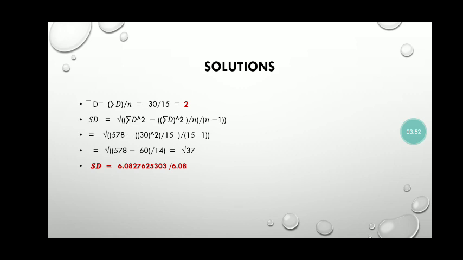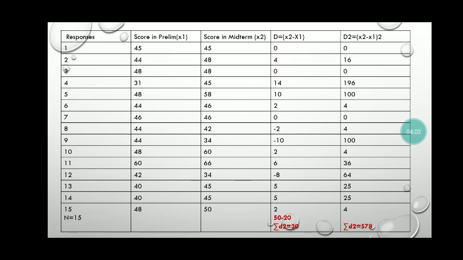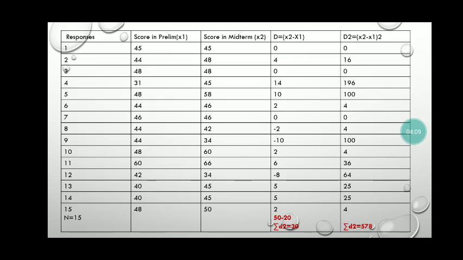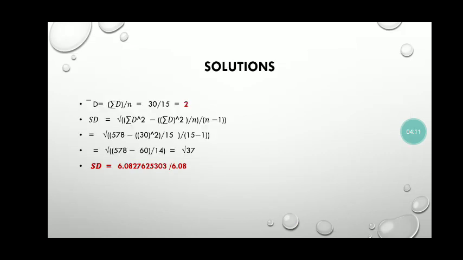Standard deviation equals the square root of summation of d squared minus summation of d squared divided by n, over n minus 1. For the summation of d squared, it is 578. You just put that in. Then the summation of d is 30. Then n is 15. So 578 minus 30 raised to 2 divided by 15, over 15 minus 1.